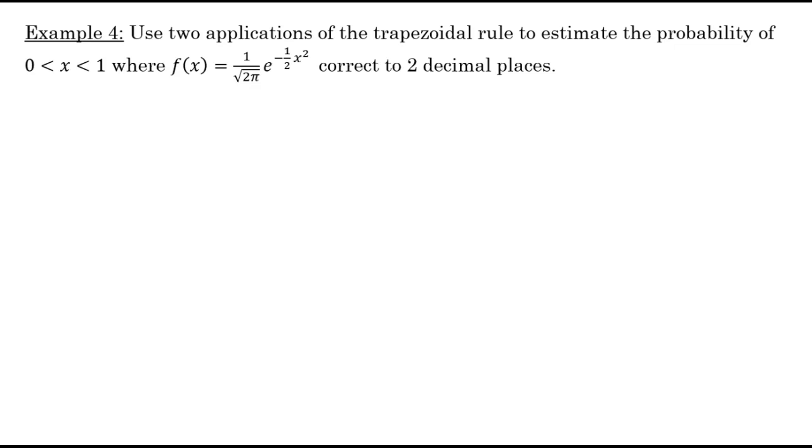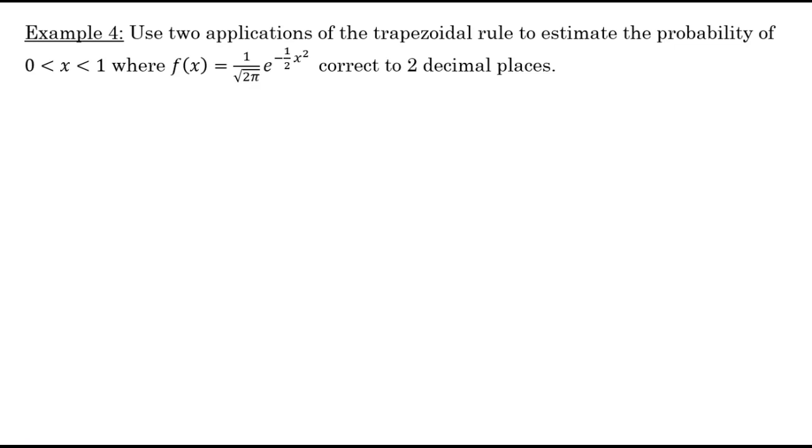So what we're going to do in this particular example is use the trapezoidal rule to estimate the area under the curve, which tells me the probability. So here's my standard form of the function, and I want to find the probability that x is between 0 and 1.